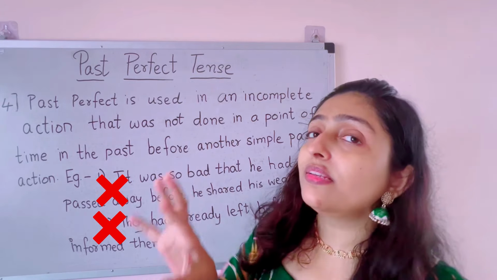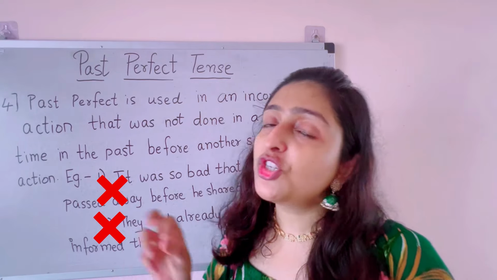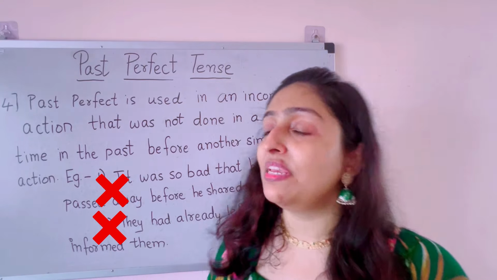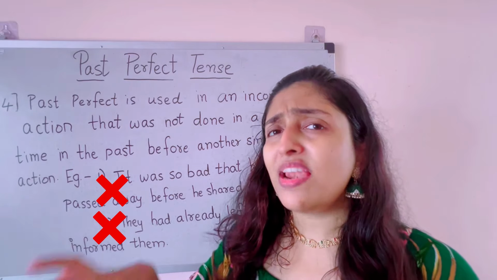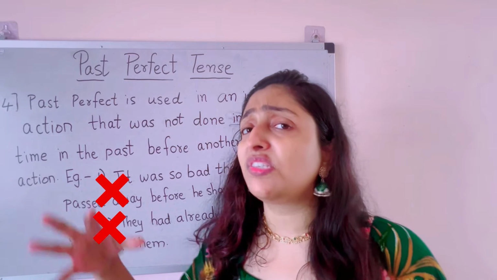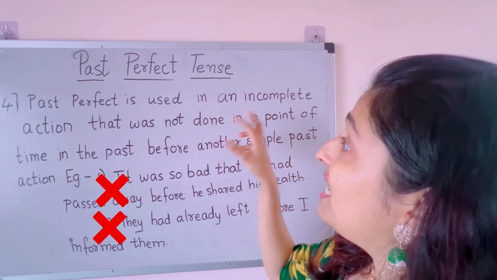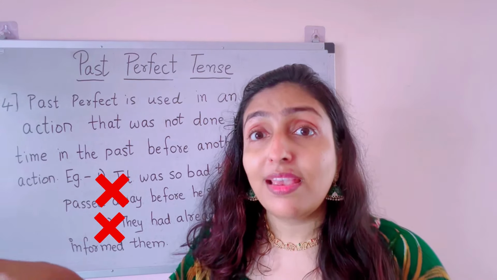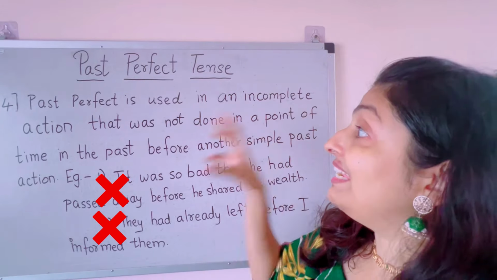So what this definition is trying to say is that there are two actions happening in the examples. One action is in the simple past, but the next action, which is in past perfect, could not be done. It is left incomplete.